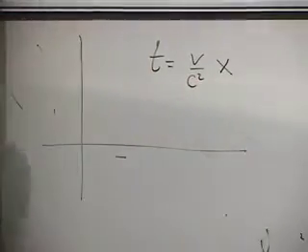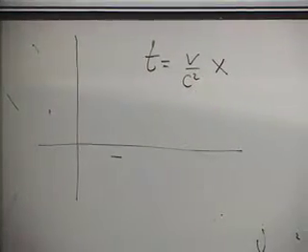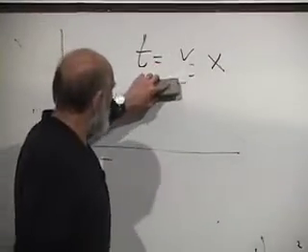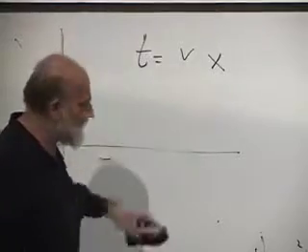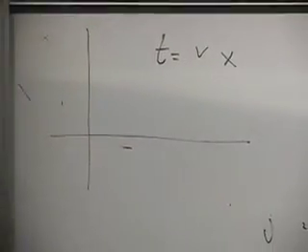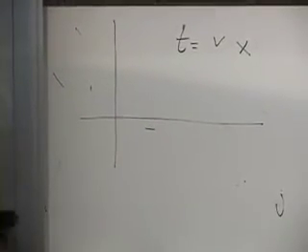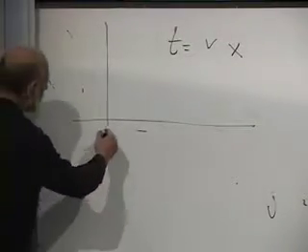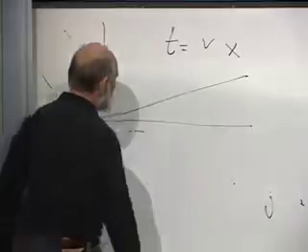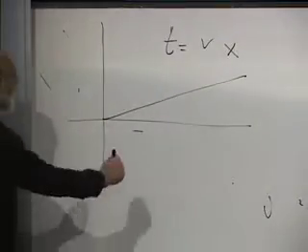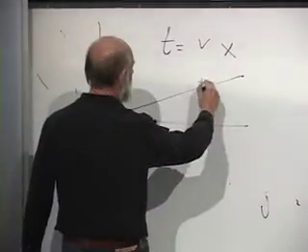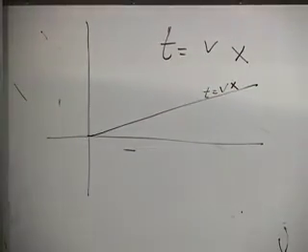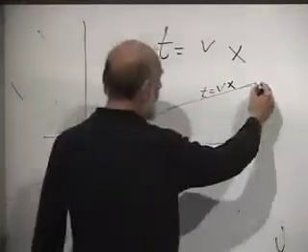Now let's set c equal to 1 for the purpose of drawing. Just for the purpose of drawing, I don't want this huge number c squared to distort my drawings too much. It says that t equals vx. What does the surface t equals vx look like? It looks like this. T equals vx, which is also x equals 1 over v times t.